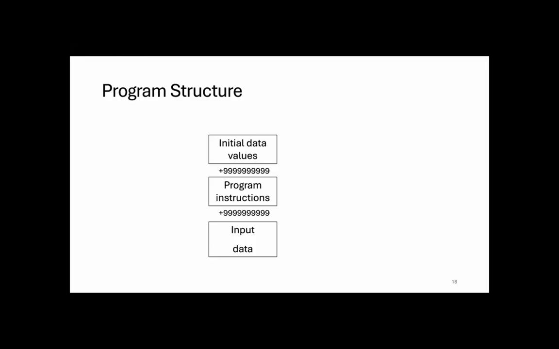When you're reading, you know exactly where the program instructions are and can separate them from the input data or the initial data values. Otherwise, you can have things mixed up. So now we have the initial structure of our program. We know what operations we want to have. We know how large our memory is and what we can store in it. So next we want to move further with our pseudocode language.